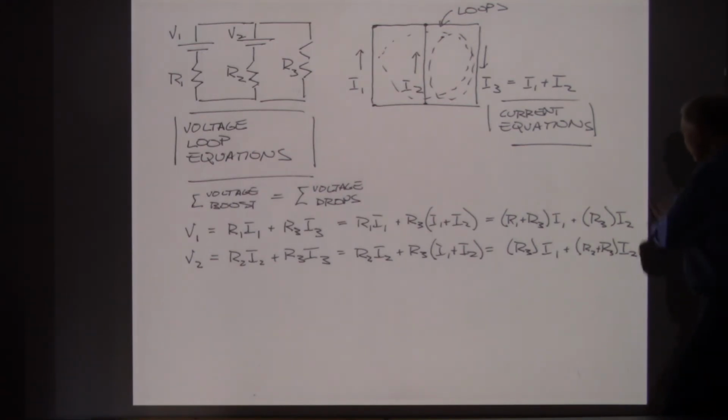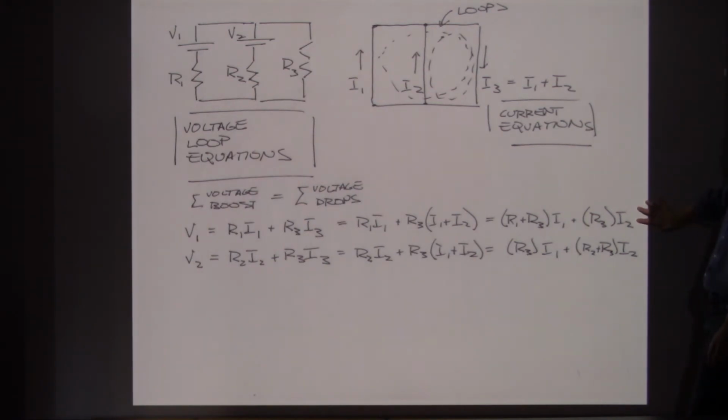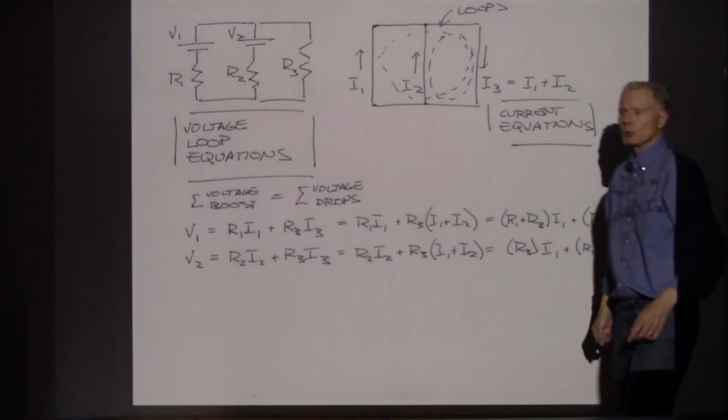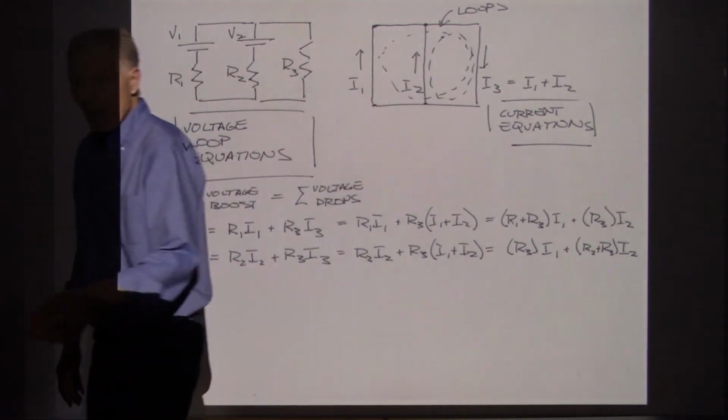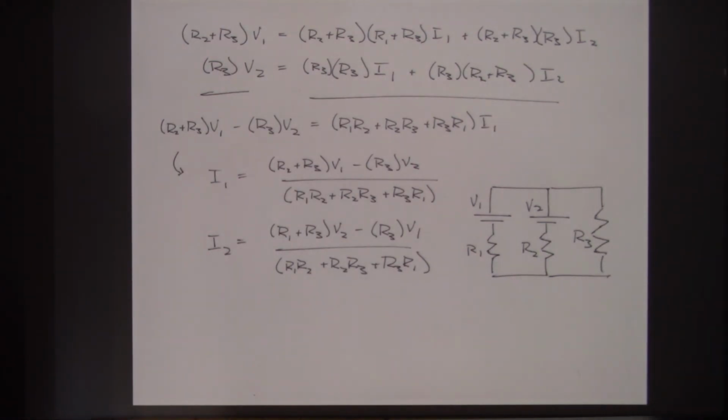If I multiply this equation all the way across by R2 plus R3, and I multiply this lower equation by just R3, that will give me the same coefficients in front of the I2s, and then I can subtract the 2 equations. So that's kind of my algebraic strategy that I'm going to try and follow here, is that I'm going to get those 2 equations to cancel out with each other.